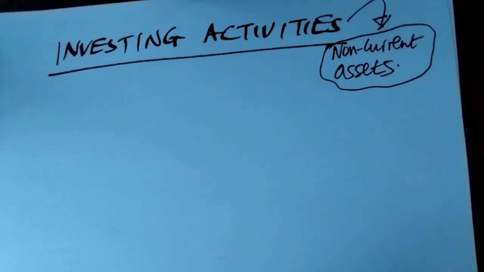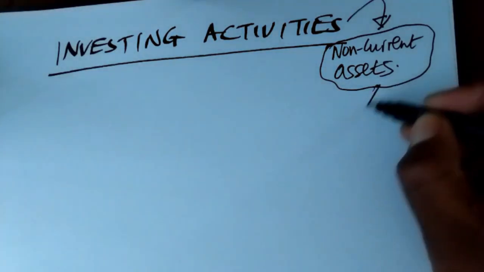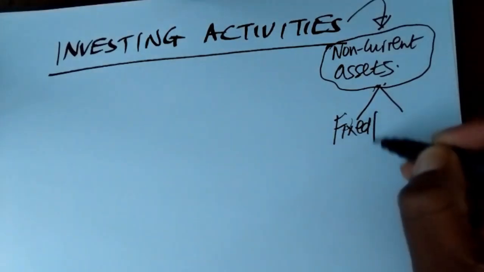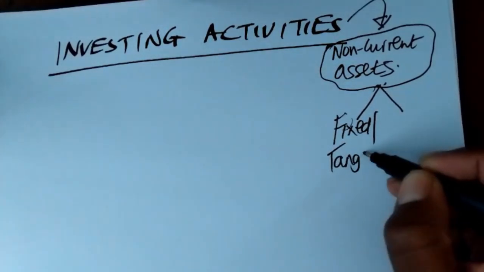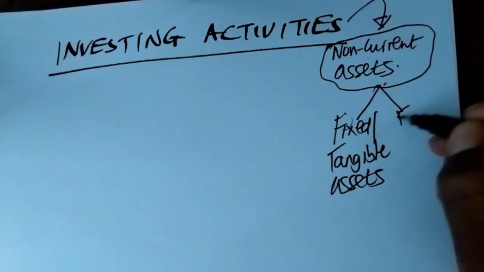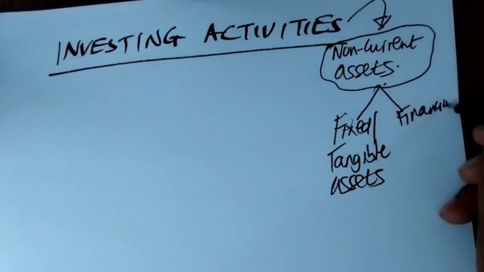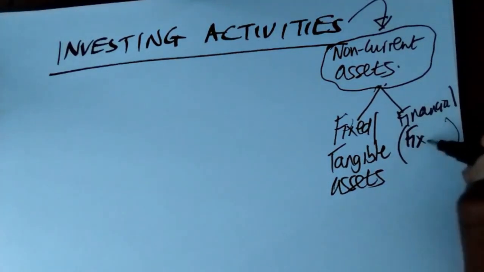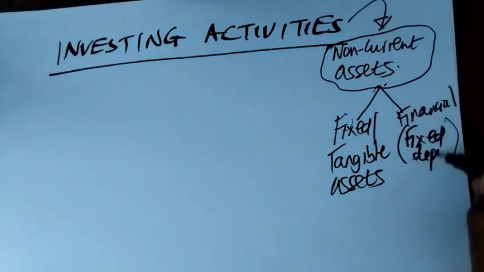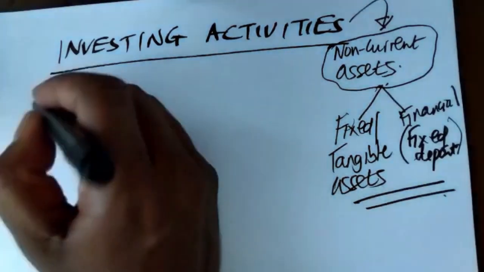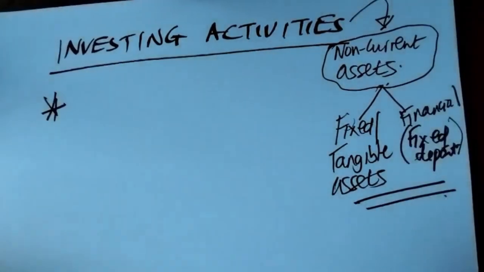So when you're talking of non-current assets on this side here, we're talking of your fixed or tangible assets, right? And then you're also talking of your financial assets. And in this case, when you deal with grade 12, your financial asset that you deal with is your fixed deposit. Now, the moment you master that, then it becomes easy to know what makes up your investing activities.